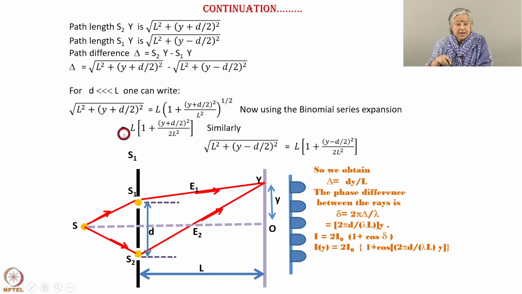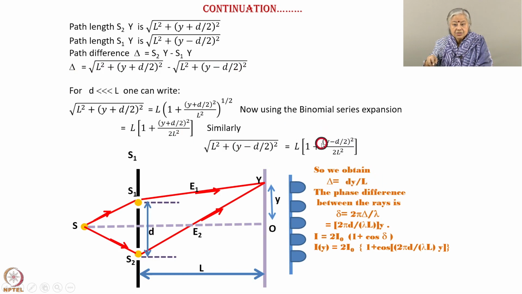So, I expand this into L times 1 plus y plus d by 2 whole square upon 2L square, a little bit of algebra. Similarly, this quantity is going to look the same, only the minus sign is a bit different. So, if you subtract this from this, we can obtain delta, the path difference, which comes out to be dy by L.